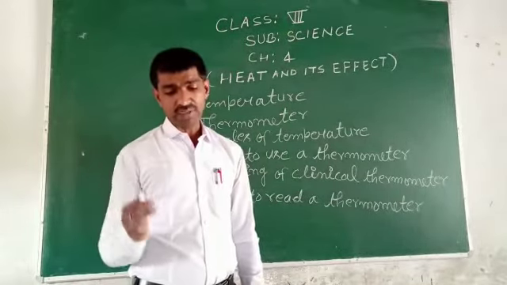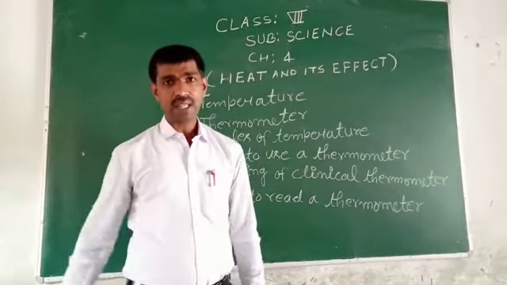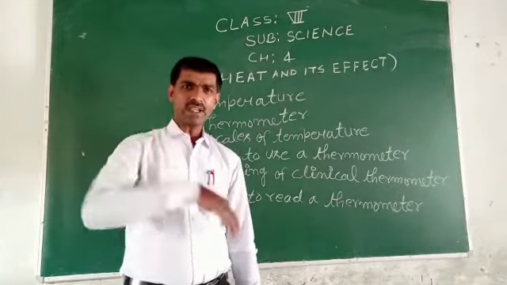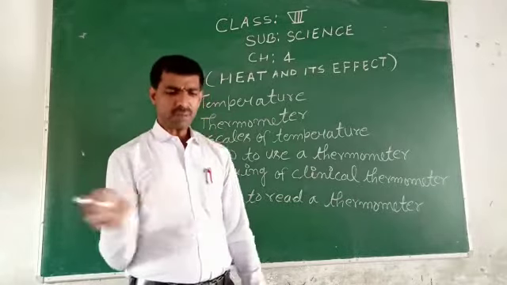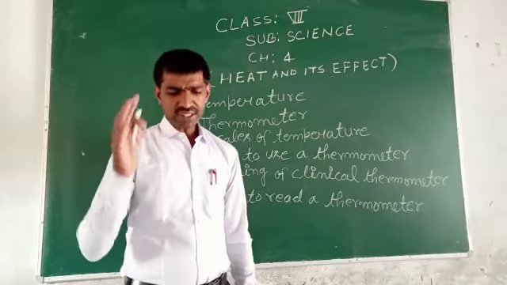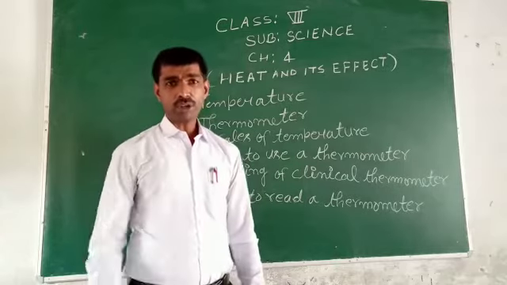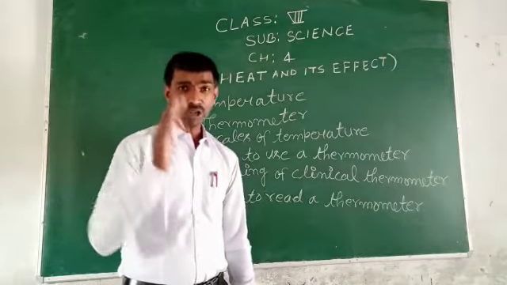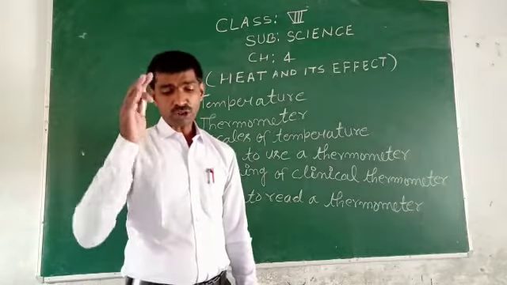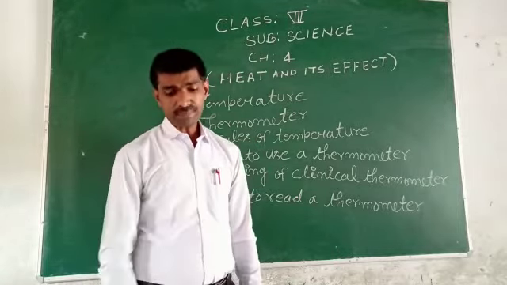Alcohol is another liquid used in thermometers. The freezing point of alcohol is much lower than that of mercury.